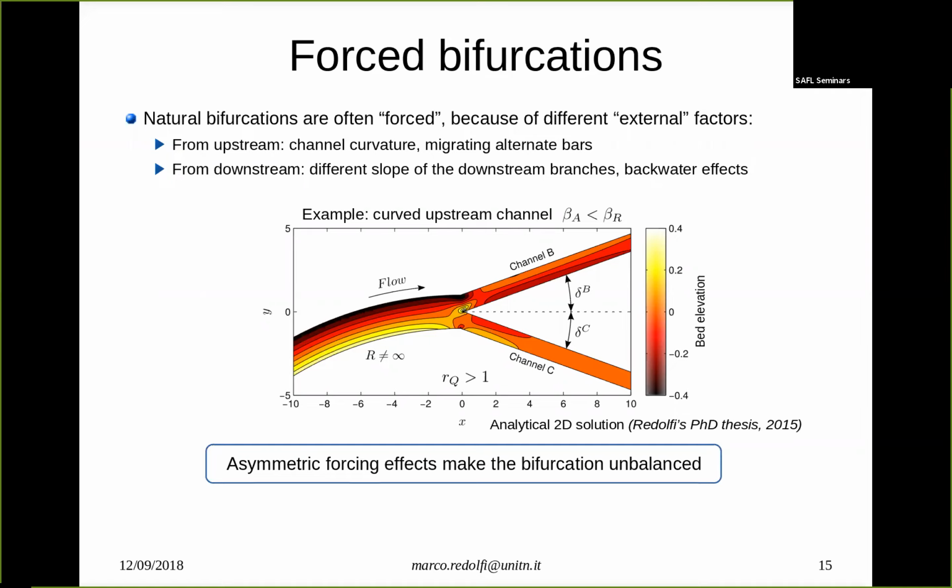In general, we can see that any asymmetric forcing can make the bifurcation unbalanced. This is pretty reasonable. But okay, at this point, is the free instability mechanism we have observed in the laboratory conditions also important in those complex cases?